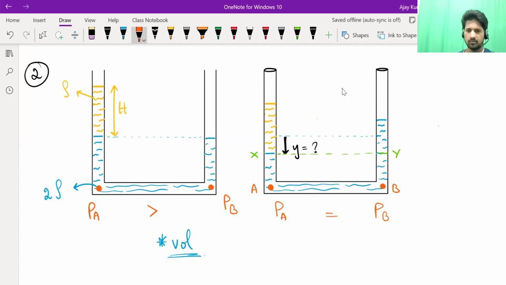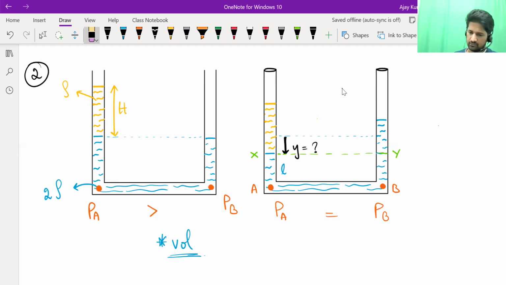B to y also is the blue liquid itself. Now pressure at A is equal to pressure at B. Pressure at x will be pressure at A minus rho g into some height, you can call this height L. Then at y also the pressure will be PB minus rho gL. PA is equal to PB, so PX will be equal to PY. At the same horizontal level, if it's the same fluid below, then the pressures will be equal.